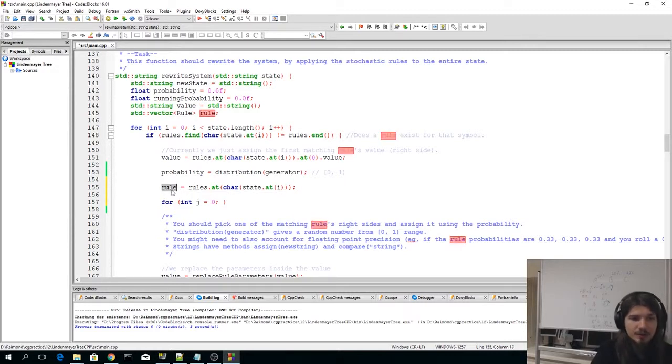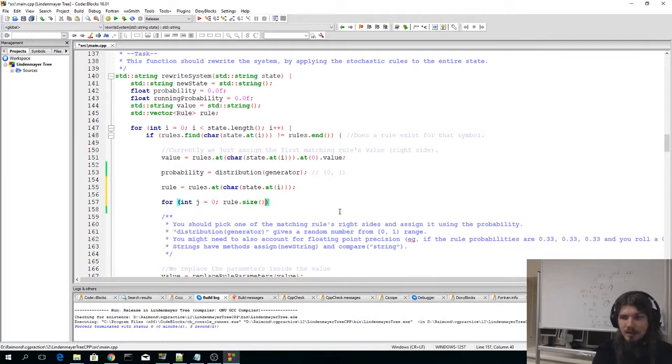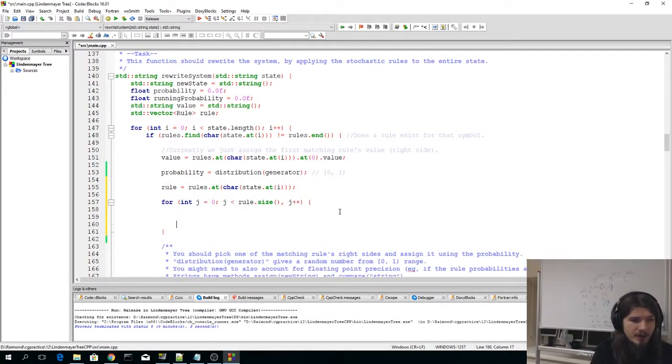So these are the rules with the same left side now, where the character of the left side is the same character that is currently in question. And it may have several rules with this left side, so we ask for the size, and J needs to be less than this, and we increase J if we need to.